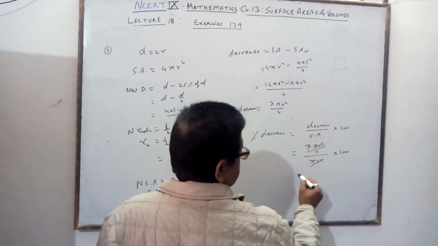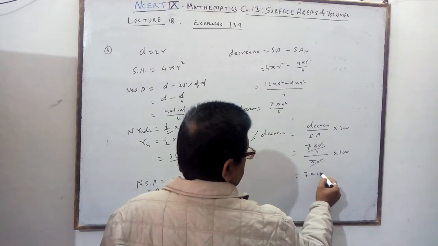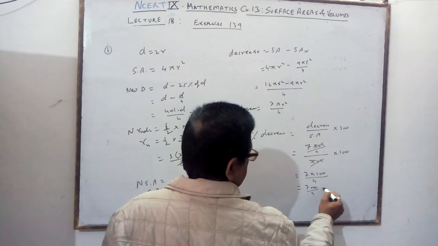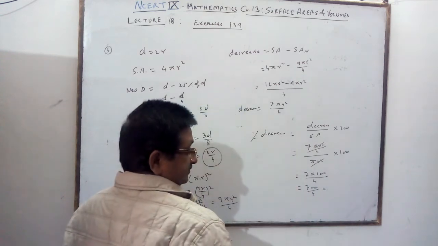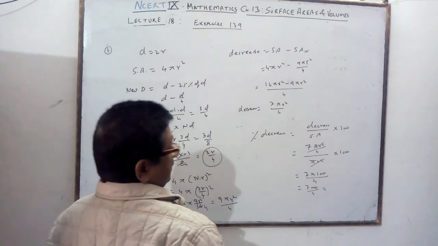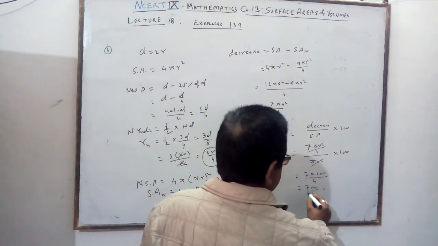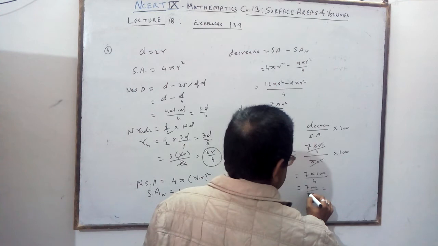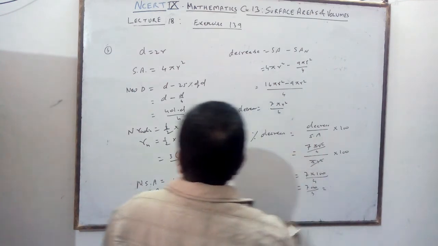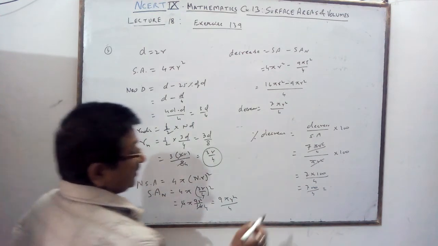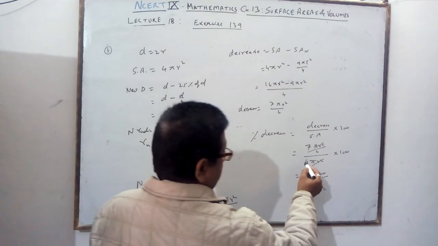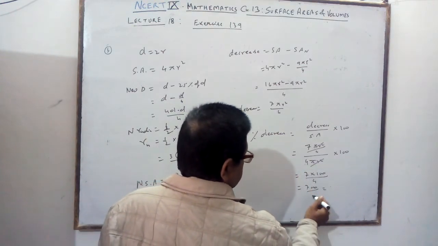Pi r square cancels. I had written it wrong: with 4 pi r square, 4 into 4 is 16.